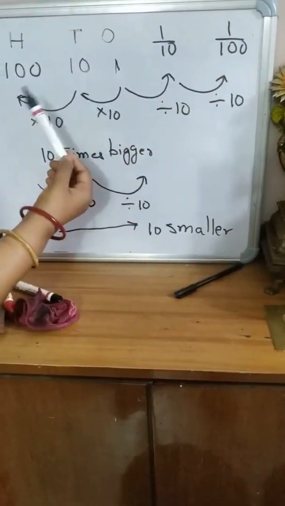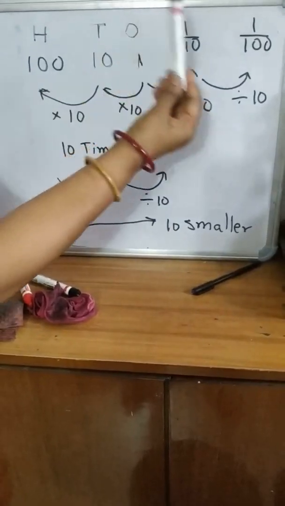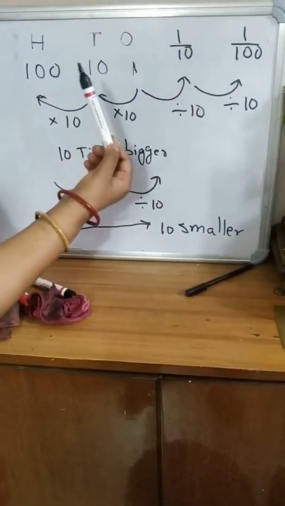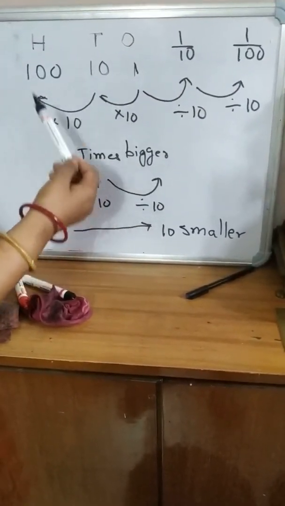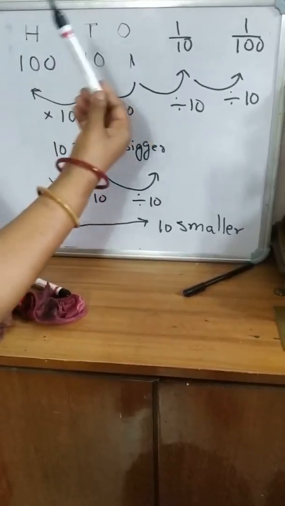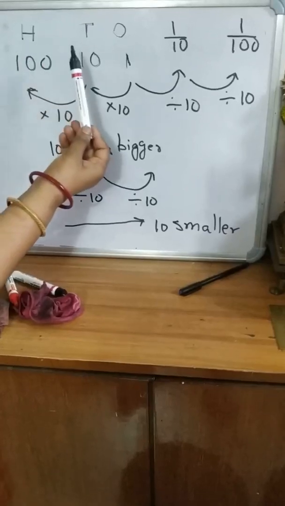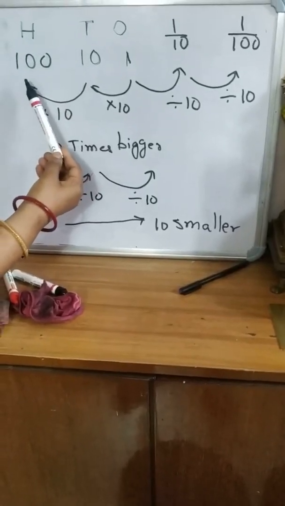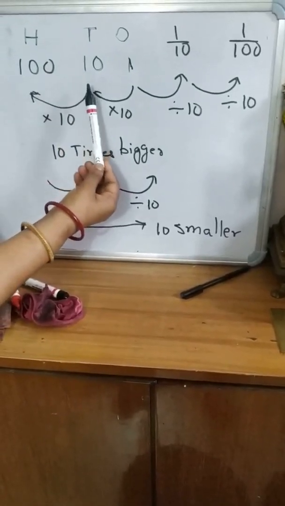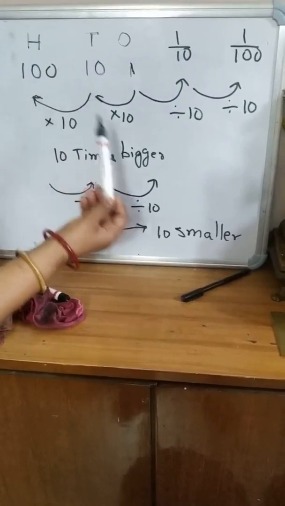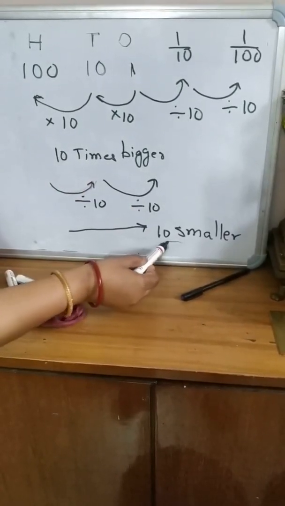So as I am moving from left to right, the value of the place becomes smaller and smaller. How much smaller? When I am jumping from left to right, the value of each place becomes 10 times smaller. In each step, as I move one column towards the right, the value becomes 10 times smaller.